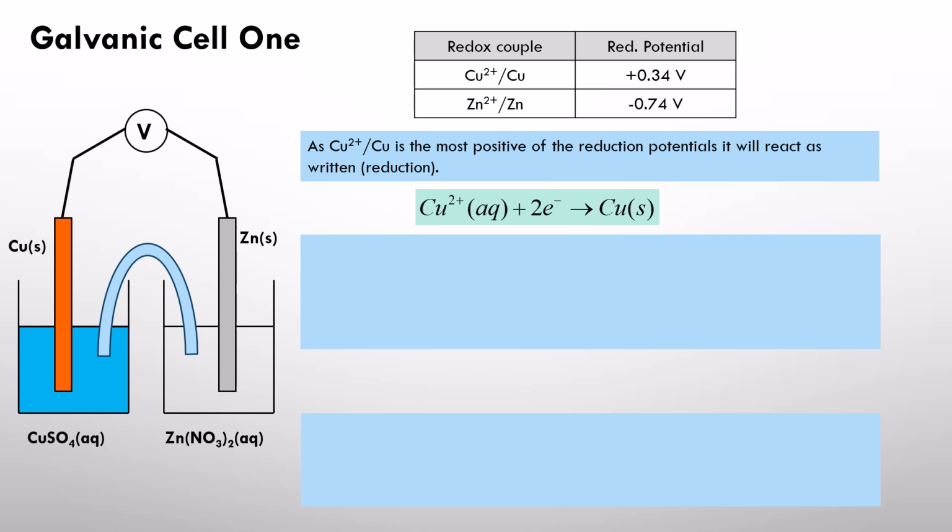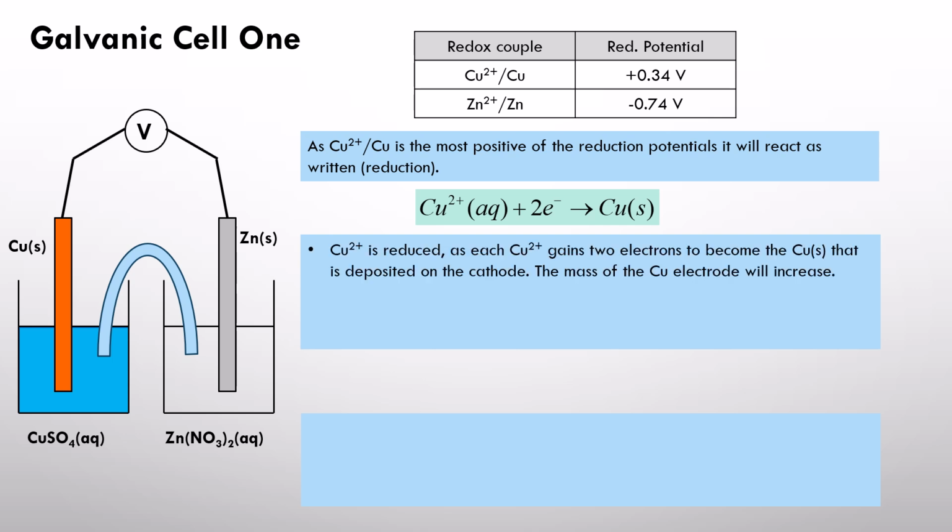We need to justify why this is oxidation or reduction. This is actually reduction here, and the reason it's reduction is because each of these copper 2 plus ions is gaining 2 electrons, and when you gain electrons, when the electrons are on the left, it is a reduction. Okay, so the copper 2 plus is gaining 2 electrons.